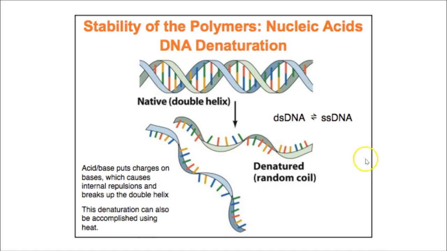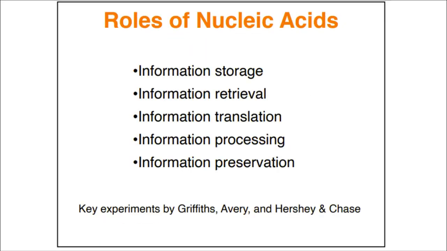In this picture, the double helix is being unwound into a random coil and thus denatured. And so the roles of nucleic acids are information storage, retrieval, translation, processing, and preservation. We'll go into more detail on that later on. Just have this fundamental knowledge for right now.